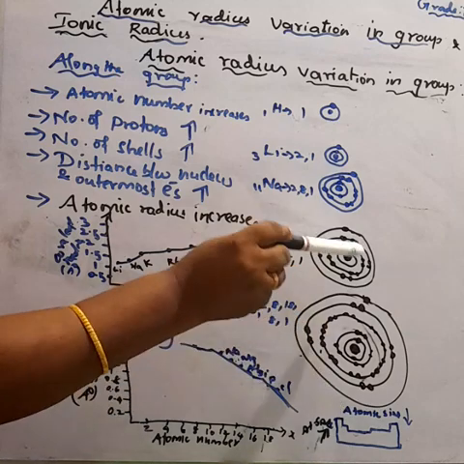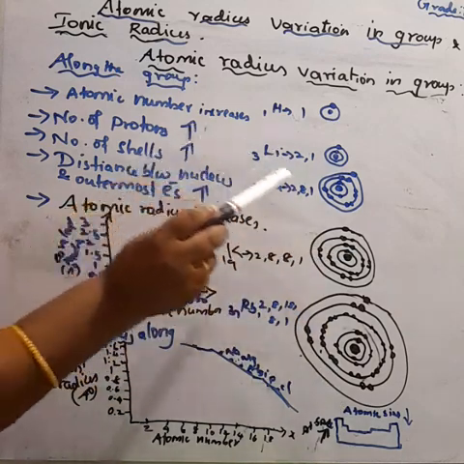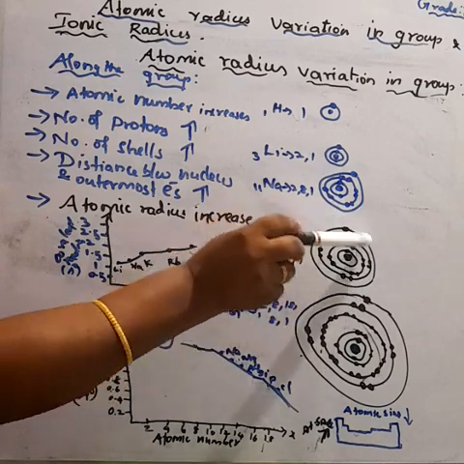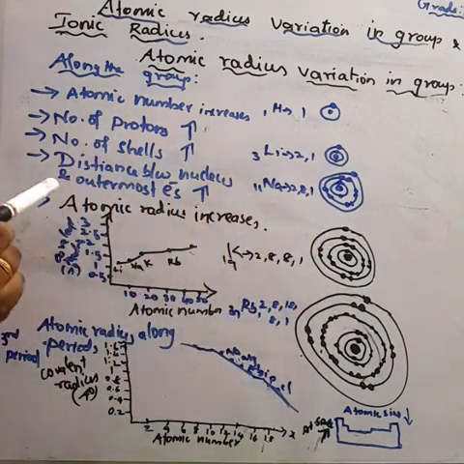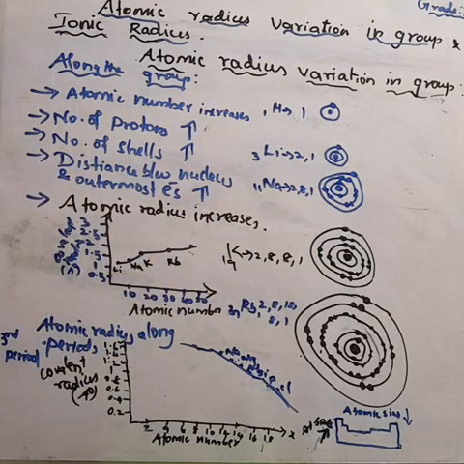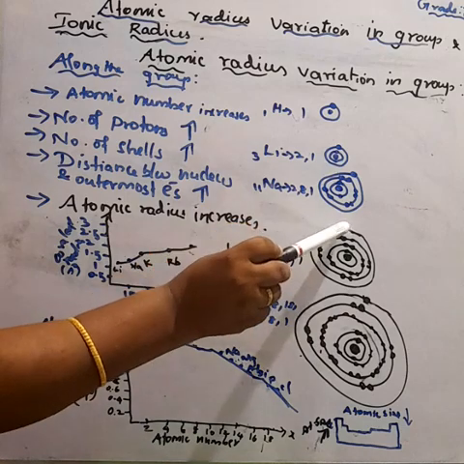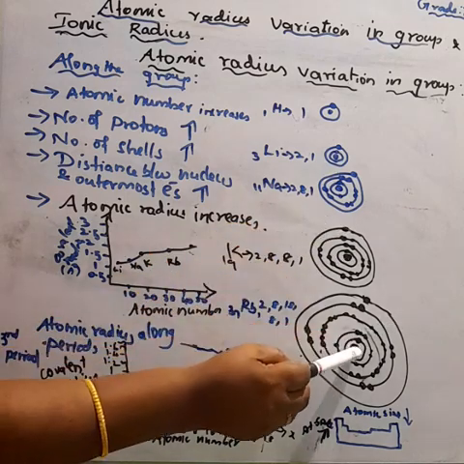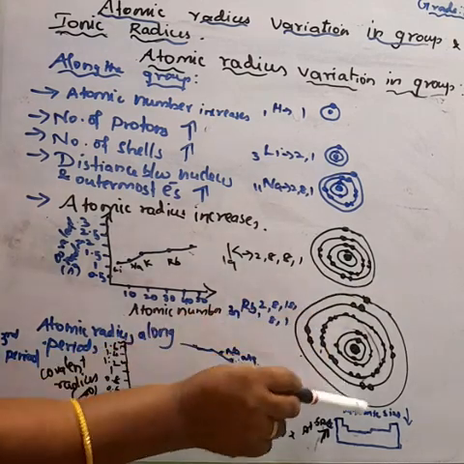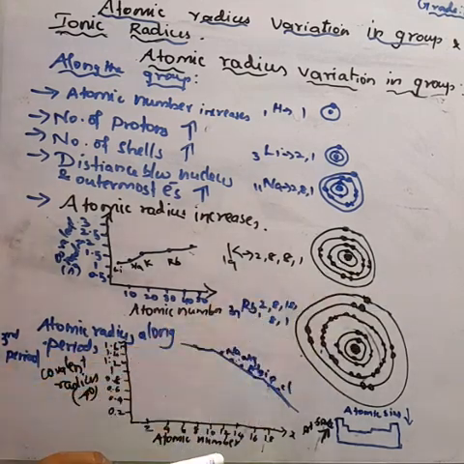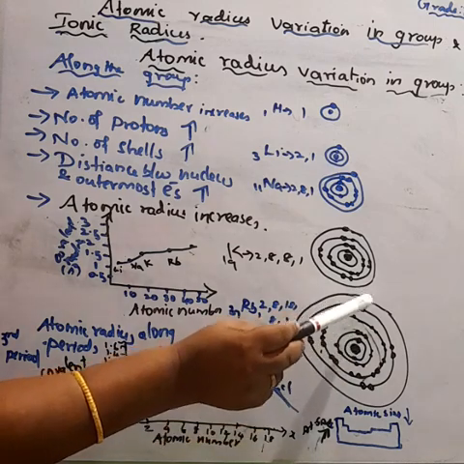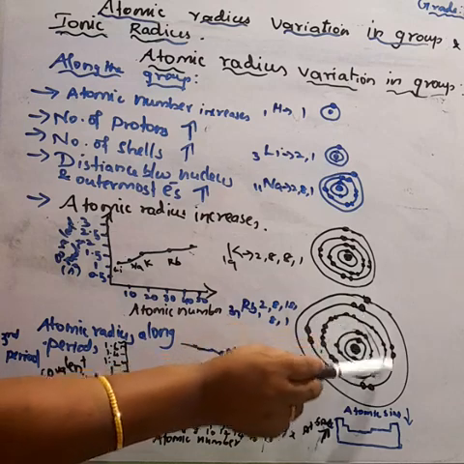So over the increase in nuclear charge, the number of shells also increases significantly, so it overrides the nuclear charge. Understood? So when the number of shells increases, the distance between the outermost shell and nucleus increases. When distance increases, the electrons are loosely bound, so the screening effect also takes place here.